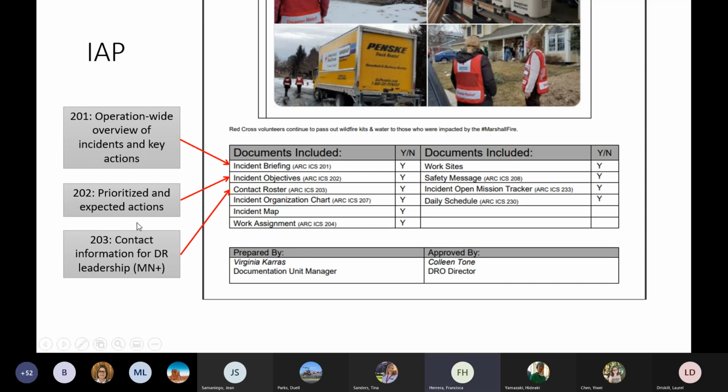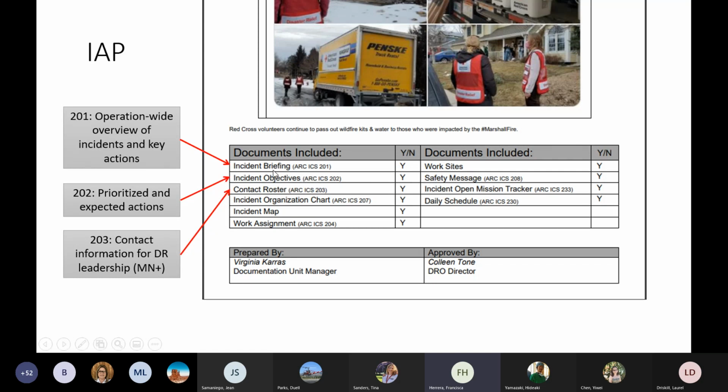The 202 is the following document. The 202 is known as the Incident Objectives Sheet. It includes priorities and objectives. It is probably one of the first things you should reference each morning when you receive the Incident Action Plan, because, as I mentioned before, this output is the result of a full day worth of difficult decision making, some of which may be changing the focus of each day.